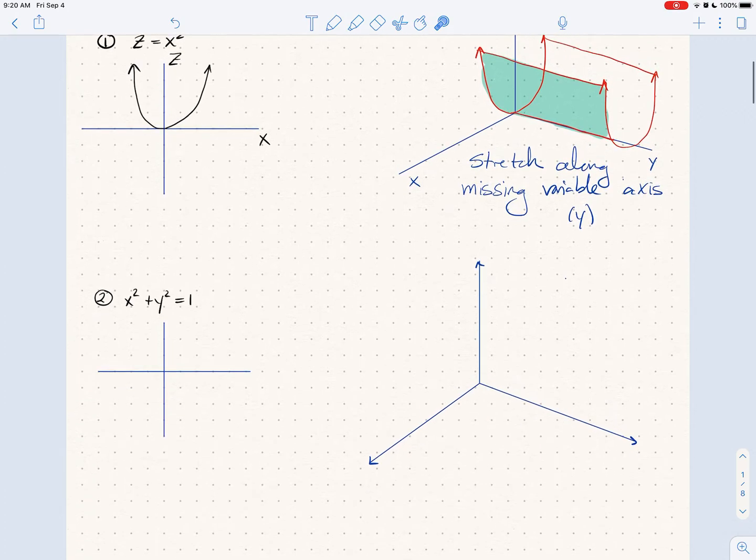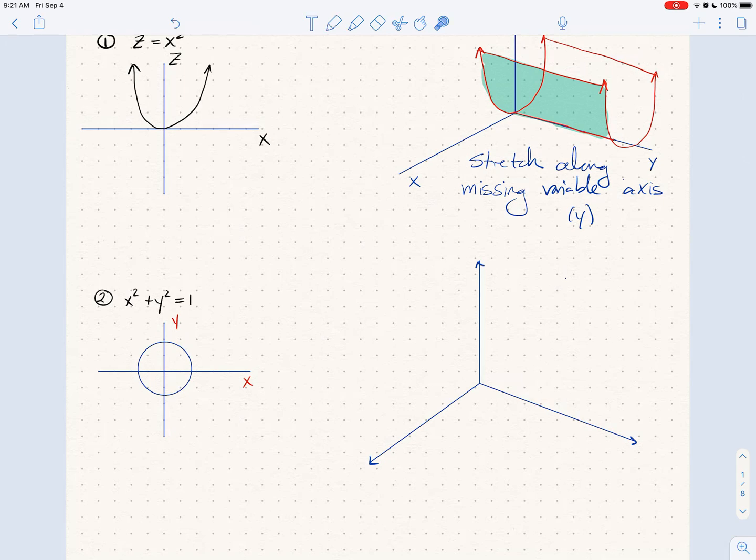Okay, so similar example. We're given this equation. Now we're thinking in terms of 3 space, not 2 space. If I ask you to graph this in 2 space, you should all instantly recognize that that's just the unit circle. No problem. So what do we do? You notice the z variable is what's missing. There's no z's here. So I'm going to graph this picture in the xy plane. This is, by the way, the x-axis and the y-axis.